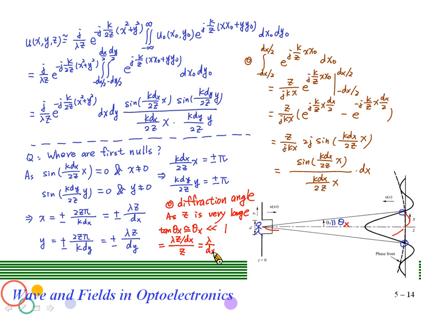Okay, so similarly, theta y can be approximated as lambda over d sub y. So this is the important property for the Fraunhofer diffraction.